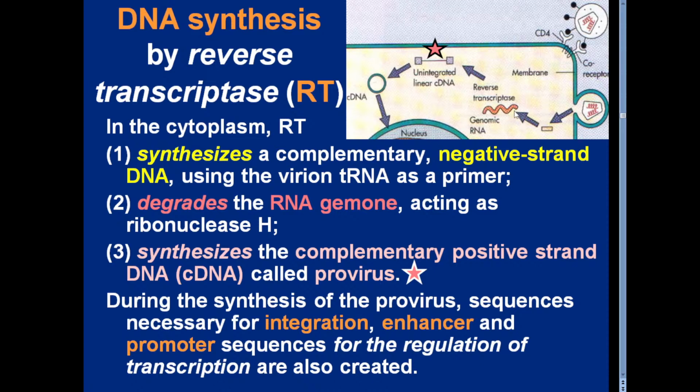After this, reverse transcriptase starts to synthesize DNA on the basis of the RNA genome of the virus. First it synthesizes the negative strand of DNA, then degrades the RNA genome, then synthesizes the complementary positive strand of DNA, and as a result forms the provirus, double-stranded DNA.